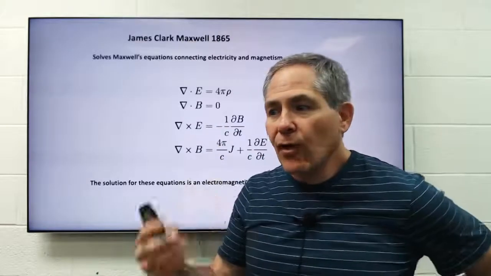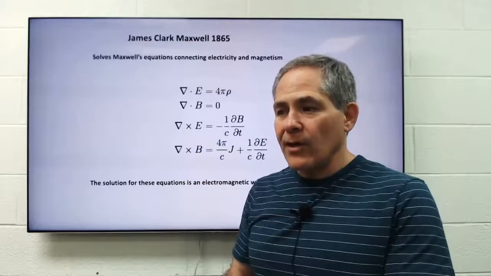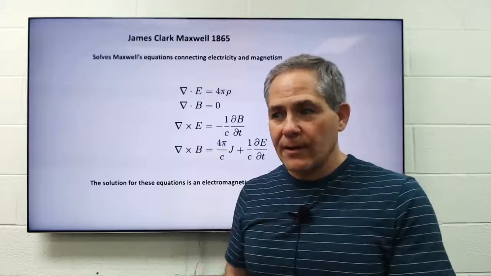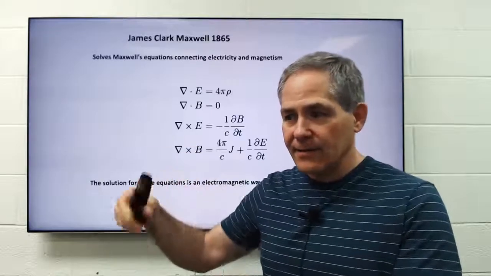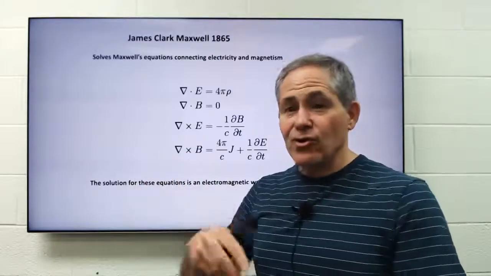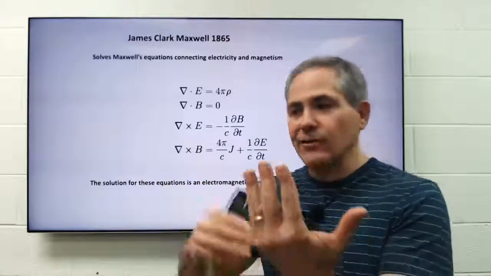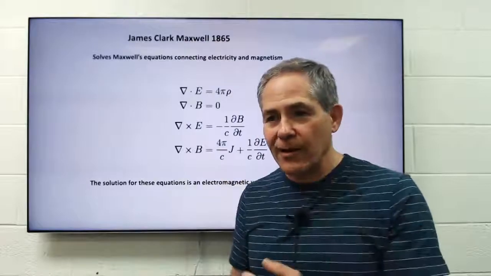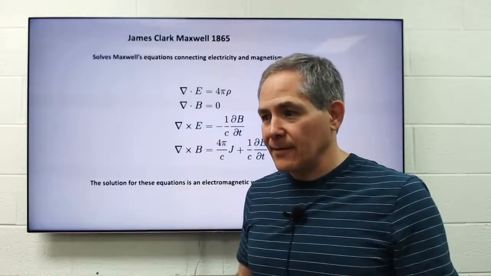And when you solve these equations, you end up with a formula that you have an oscillating field, either magnetic or electric, that induces another. If it's an electric field, it induces a magnetic field, and so on, that's perpendicular to it, and that travels at the speed of light.